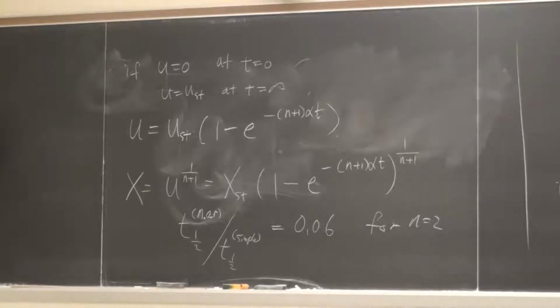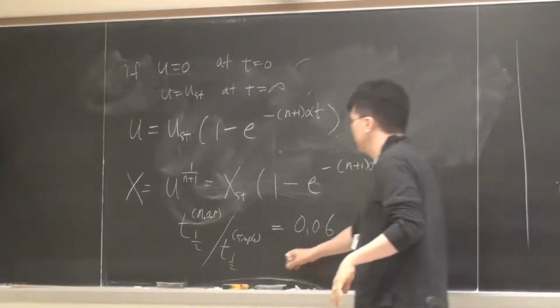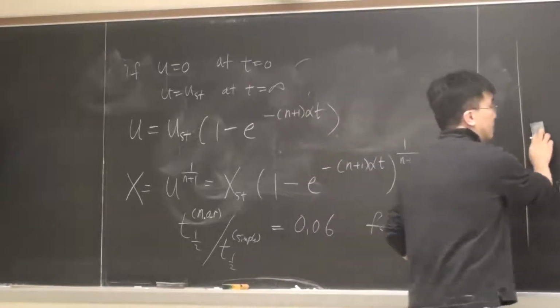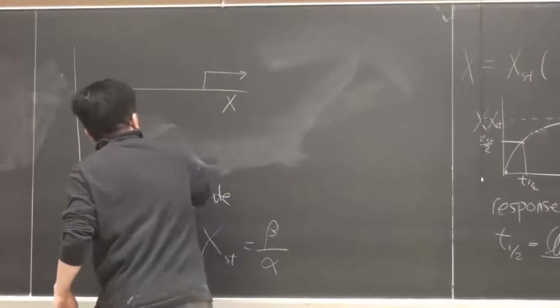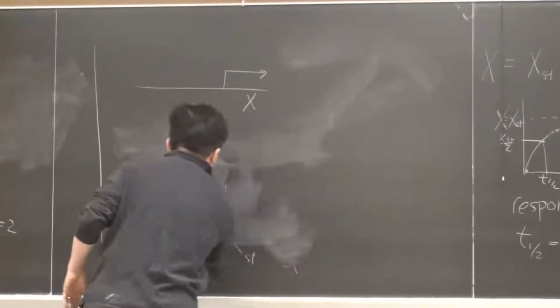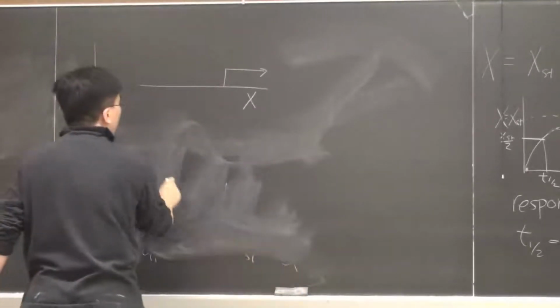So now I want to go back to the toggle switch and treat this as a mathematical problem and then discuss some of the solutions. So what is a toggle switch?